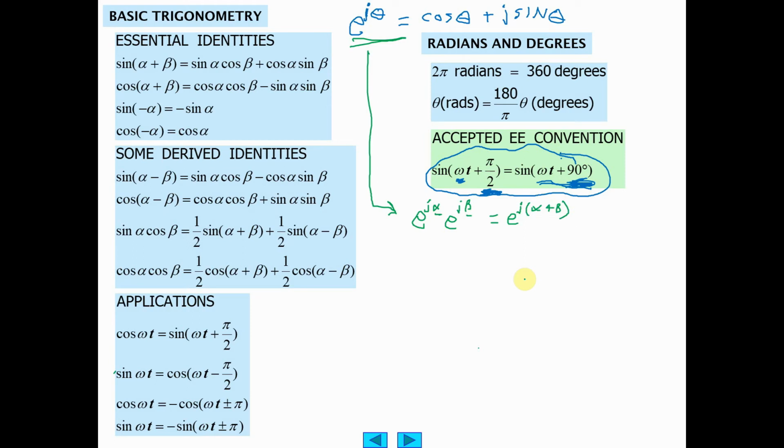Now, well, this equals cosine alpha plus j sine alpha. And e to the j beta is cosine beta plus j sine beta.